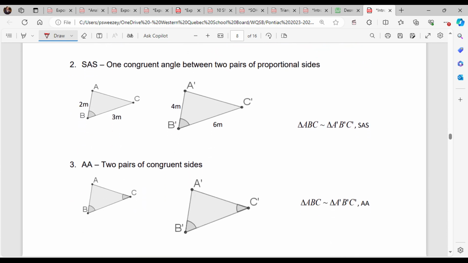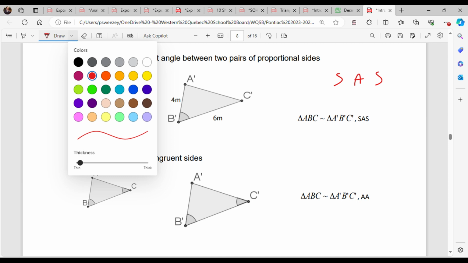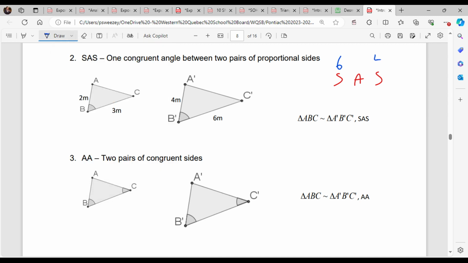SAS: one congruent angle between two pairs of proportional sides. So the same logic is going to apply. I'm still going to write out, sorry, not ASA, I'm still going to write out SAS, and then fill it in. 6, 4, 3, 2. 6 divided by 3 is 2. 4 divided by 2 is 2.